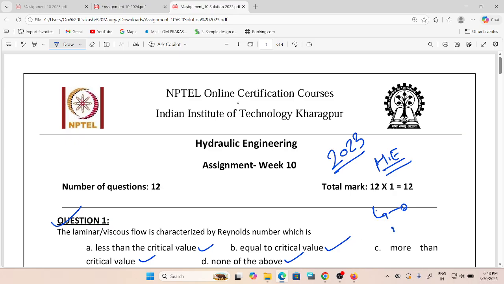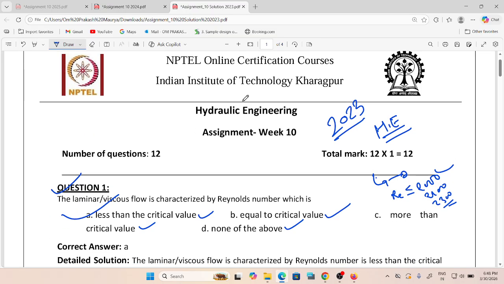For pipe flow, the critical Reynolds number in some books is written as 2000, 2100, 2300. Beyond this your flow characteristics will change. So this is the limiting or threshold value. Definitely laminar and viscous flow is characterized by a Reynolds number less than the critical value. Option A will be correct here.